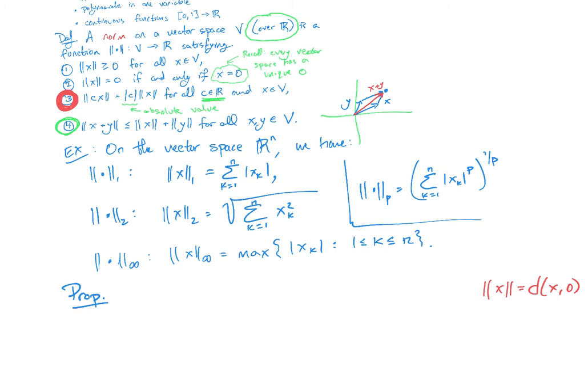Okay? What about the other direction? How would you get a metric from a norm? You can do the absolute value of the difference of the norms. Something like that.